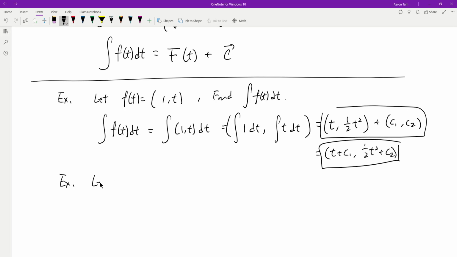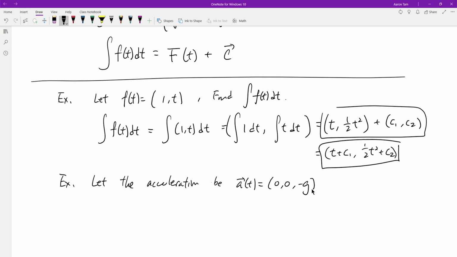Now, let's use it on what we know. Suppose I say, let the acceleration due to gravity be vector a of t, which is equal to 0, 0, negative g, where g is some constant defined by gravity.